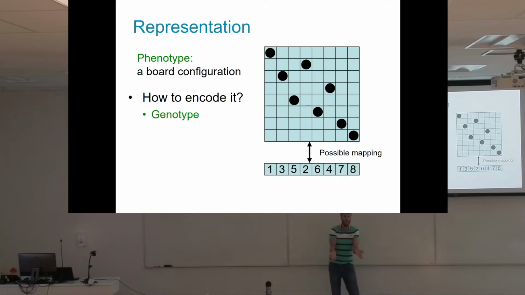Which is good, because we know that if we had a 1 and a 1, we're guaranteed that that's not going to be a correct solution, because we have two queens in the same row, that means they can attack each other. Similarly with columns. We still have to deal with the diagonals here, but we've kind of eliminated the problem of queens in the same row and columns with this encoding, which is really clever.